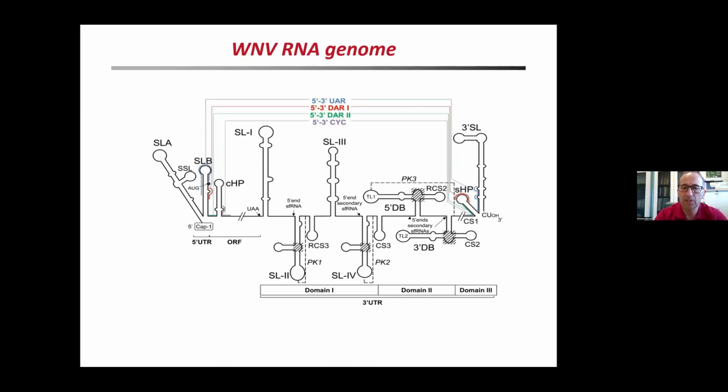But this circularization has been related to replication, but not to translation. The translation of the flavivirus uses a cap-dependent mechanism, which is somehow similar to the consensus mechanism that messenger RNAs use in eukaryotic cells.